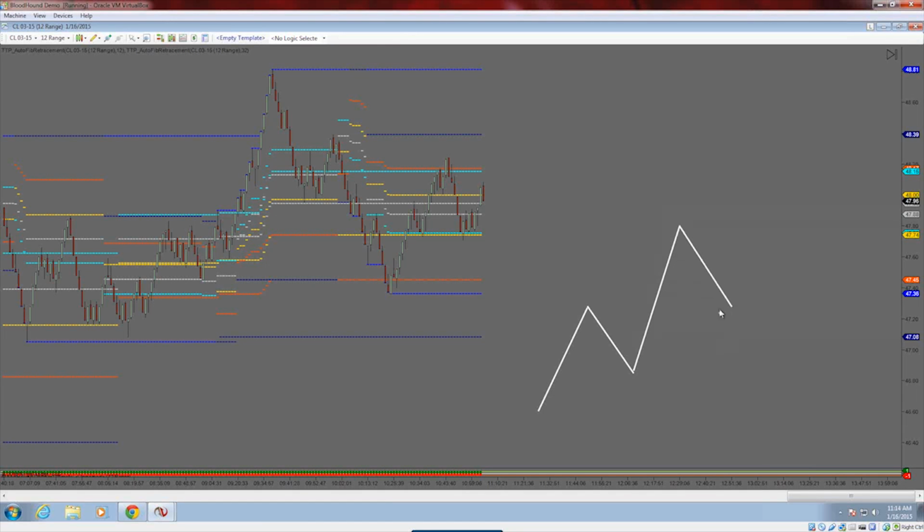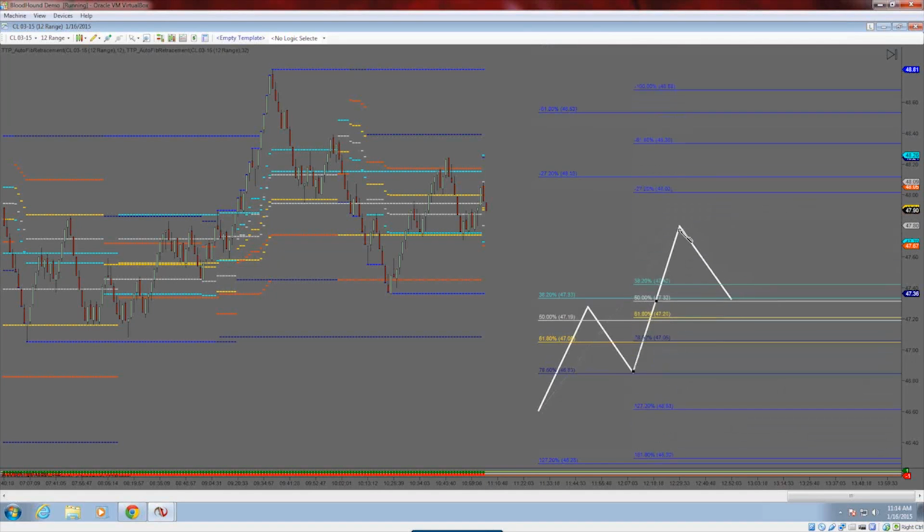Let's say you're trying to identify this wave 4, and you want to see when the larger swing pulls back to 38.2, and then the smaller swing pulls back to 50% right here. So you want to see where these two are overlapping, and that'll be the typical wave 4 retracement if you know anything about Elliott wave.